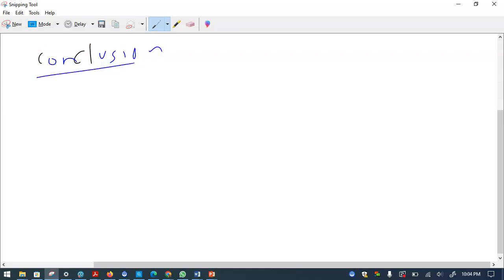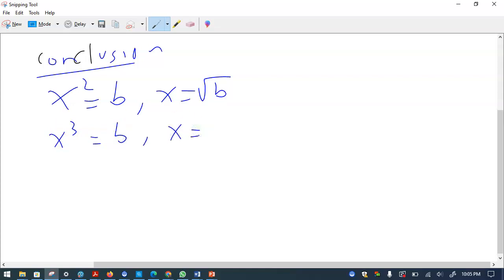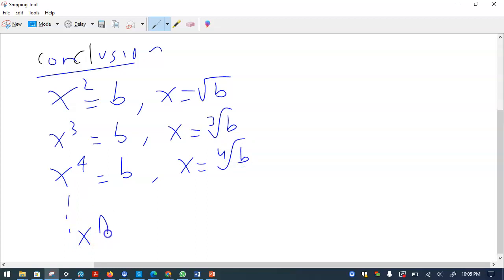If x squared is b, then x is the square root of b. If x cubed is b, then x equals the cube root of b. If x raised to the fourth is b, then x equals the fourth root of b. If I go on like this and write x raised to n is b, then x is the nth root of b.